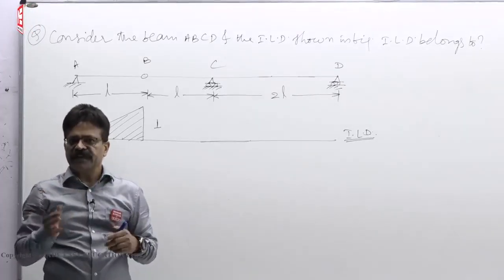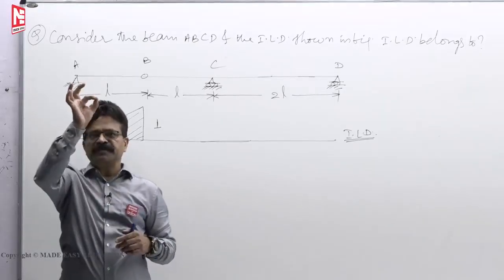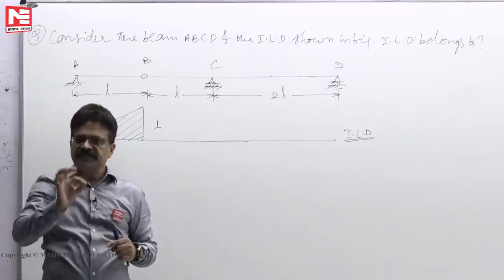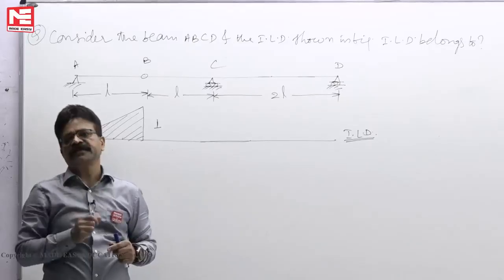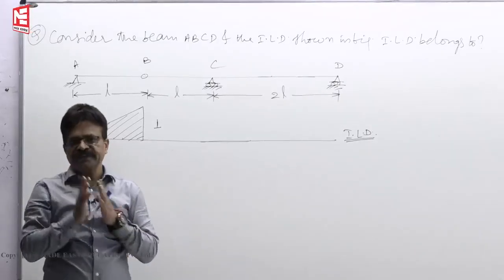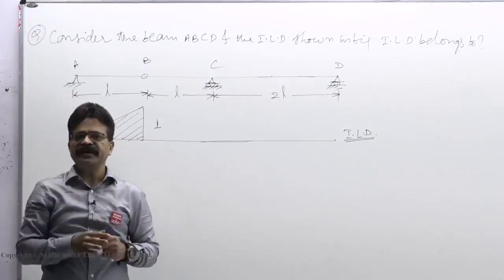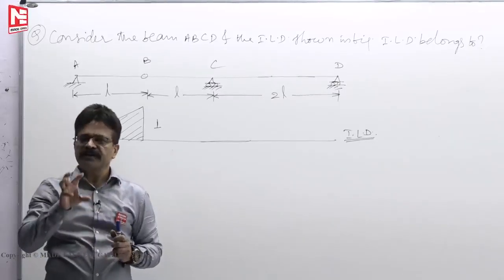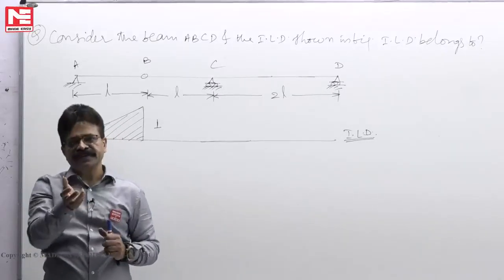Then the third one: assume an imaginary hinge and apply unit rotation at the same location so the beam is lifted by AB by L.